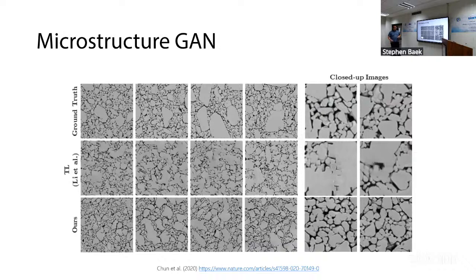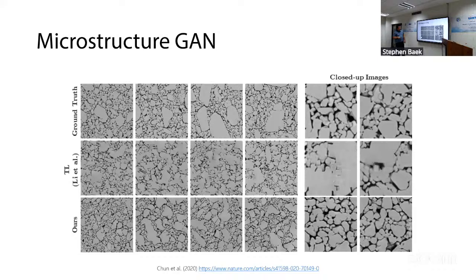So here are some examples of using microstructure GAN. Here are some real examples, and here are some generated examples. This TL method is some other neural network method that is not GAN, so this is before GAN.